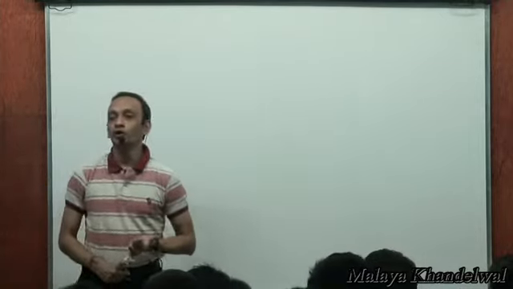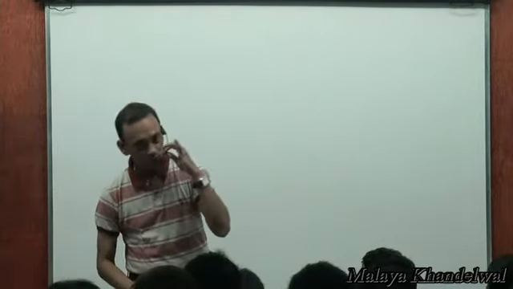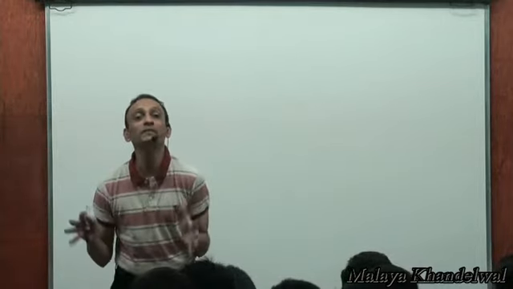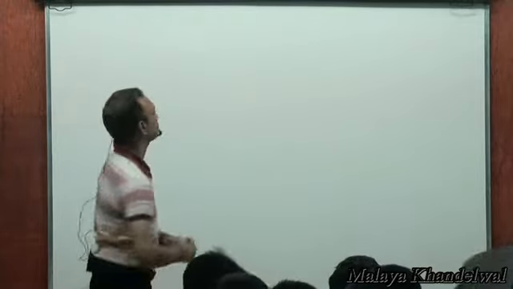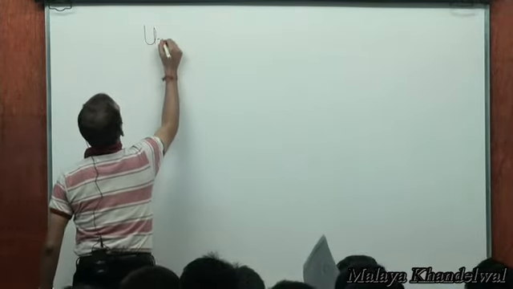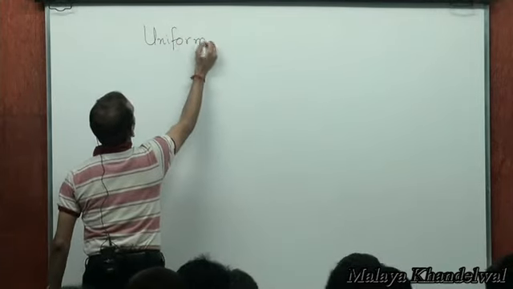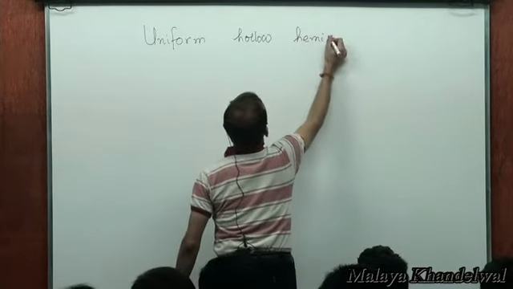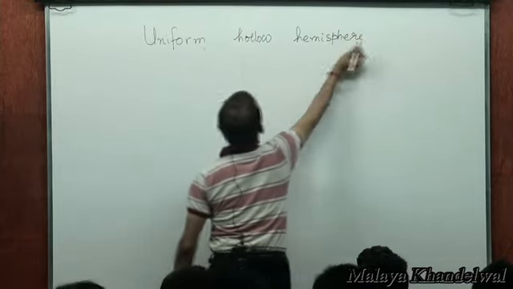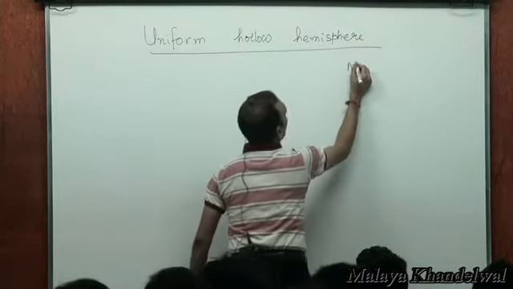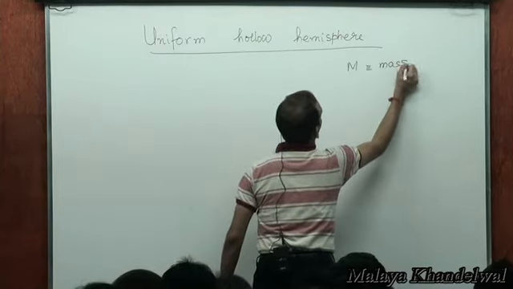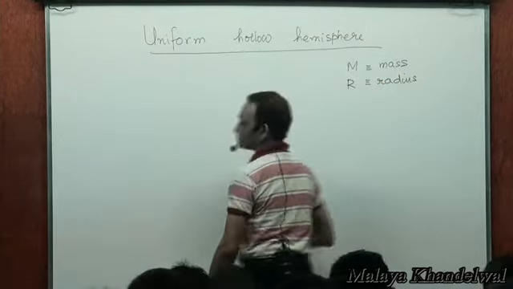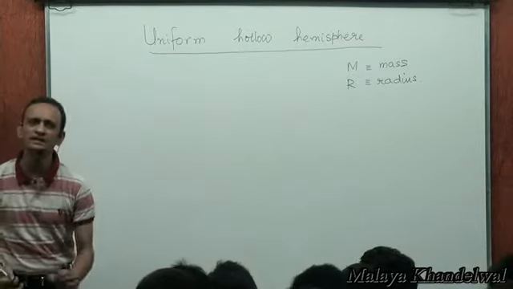Did I look into a hollow and a solid hemisphere? No. So let me look at the center of mass, to begin with, of a uniform hollow hemisphere, of mass m and radius r.